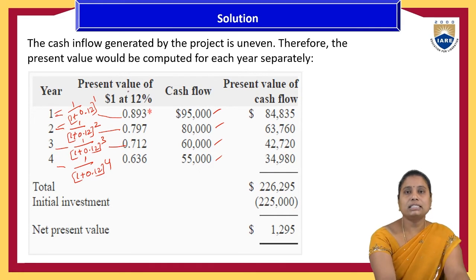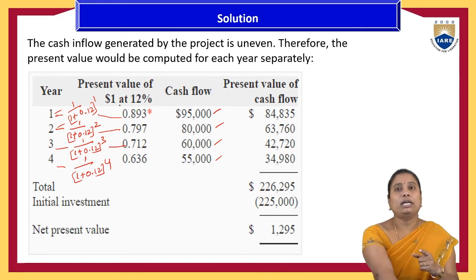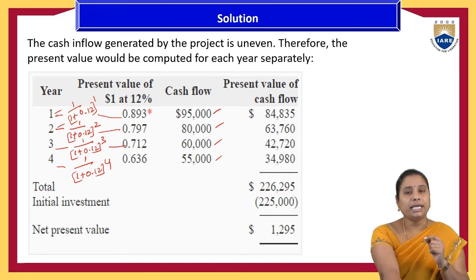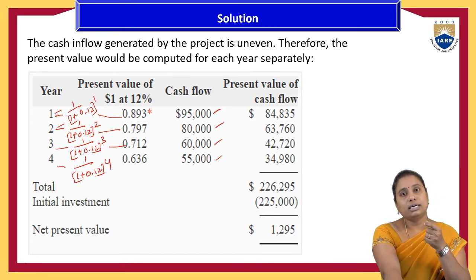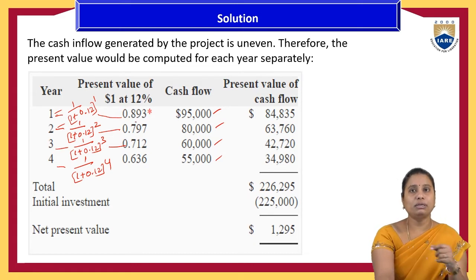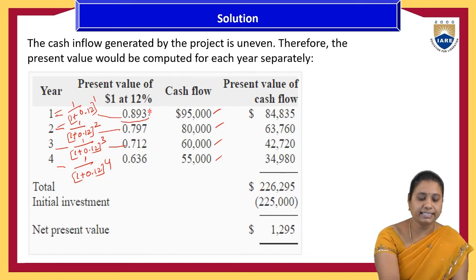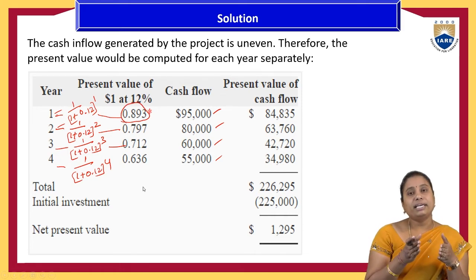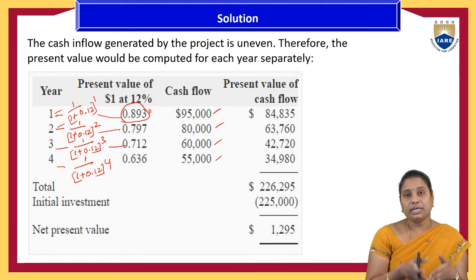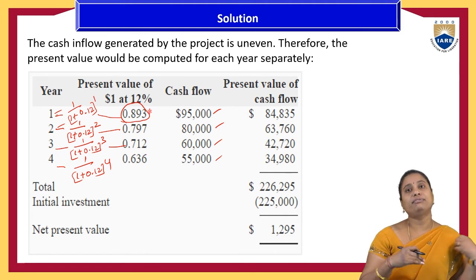These are all called 1 rupee present values, which means if today they invest 1 rupee, if the rate of return is 12%, after 1 year its value will be 0.89. That means if they invest 89 paisa now, there is a chance of getting 1 rupee in the future.